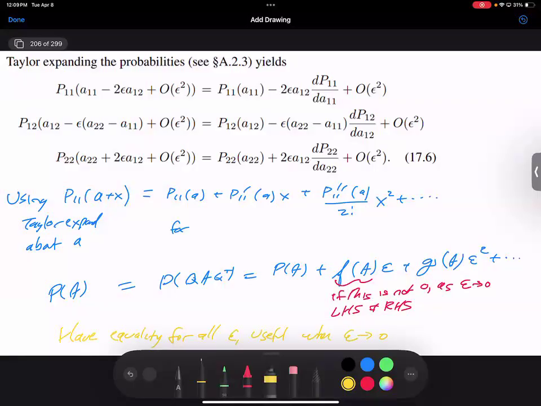So that's the key idea here. Because this is true for every value of epsilon, as epsilon goes to zero, if the coefficient of epsilon were not zero, there's no way this equality could hold. It would be off by a very small amount.